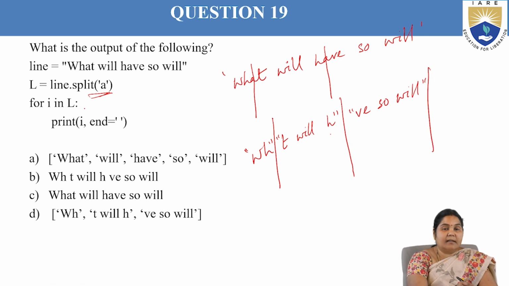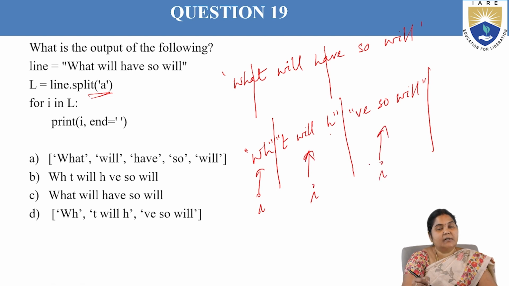For I in L, first time I becomes WH. Print I, so WH will be printed. Second time I becomes this one, and this string will be printed. Third time I becomes this one, and this part of the string will be printed. Out of these 4 options, these 2 options are given in the form of a list, so this cannot be stored into the list.